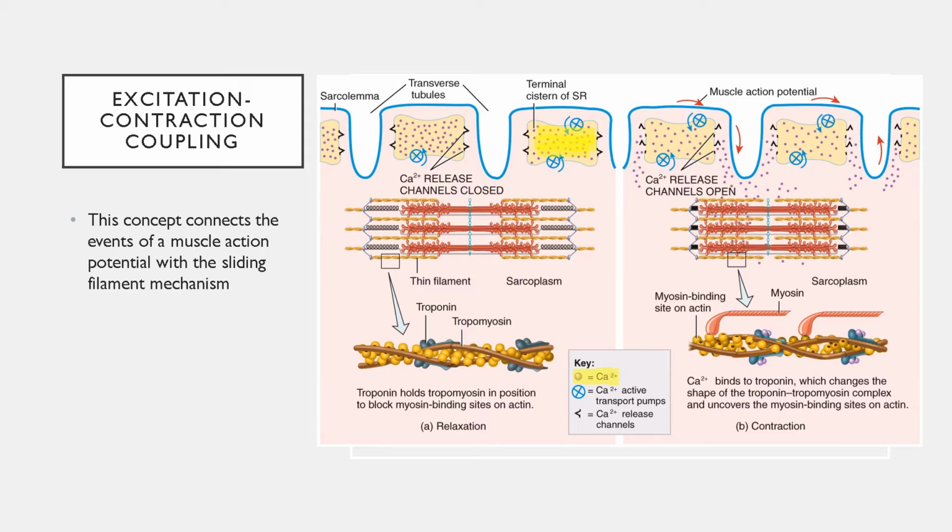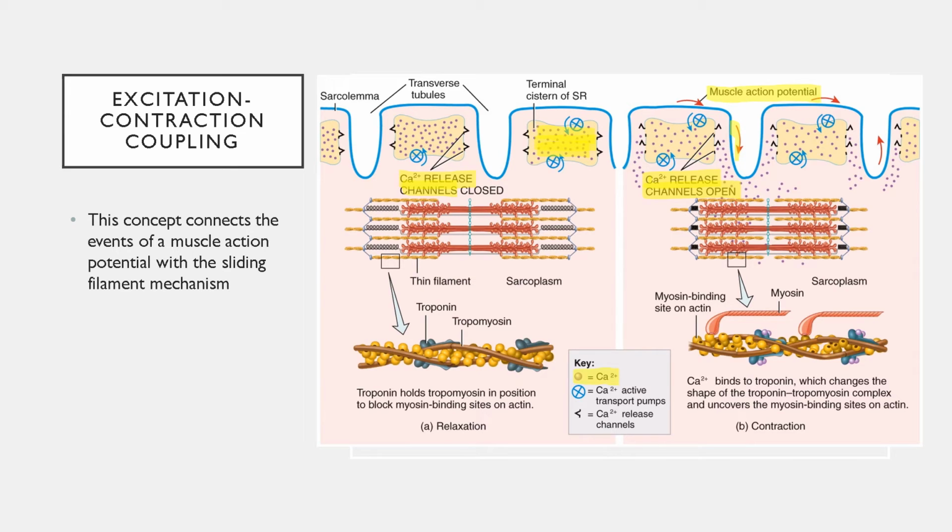So as a muscle action potential propagates along the sarcolemma and then down into the T-tubules, it causes these calcium release channels to open, and it allows calcium to be released into the sarcoplasm.